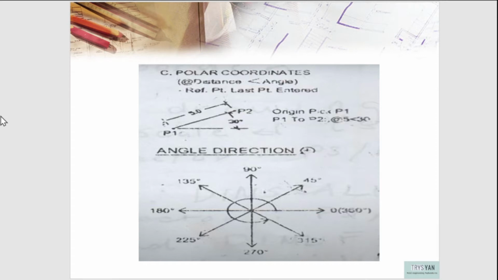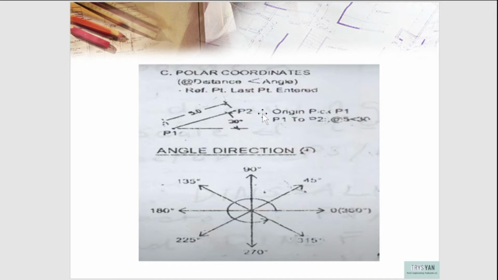It is like relative coordinate, where you enter the point with the @ symbol at the beginning of your coordinates. Following this format, @distance, then the angle sign. The reference point is the last point that you have entered. In this example, we have point 1 and point 2.